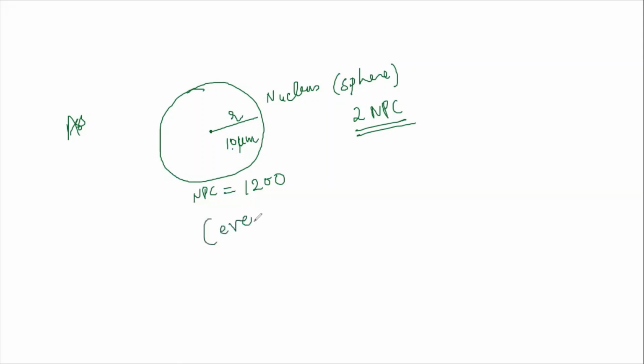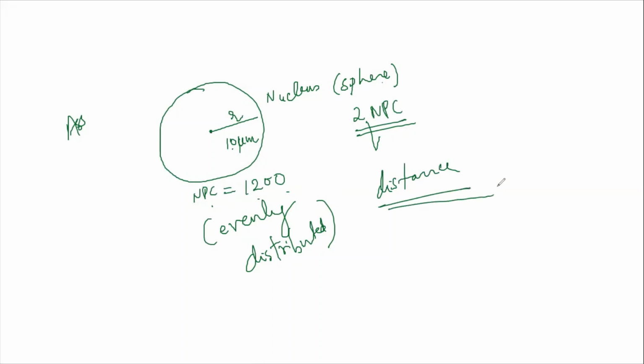Okay, evenly distributed. Yes, these are our assumptions, right? So we can take it. So the question is, the nucleus is a sphere, the radius is given, the total number 1200 is given. I'm asking what is the distance between 2 NPCs. Okay, question clear? Yes. Okay then, think about it, try to solve it.